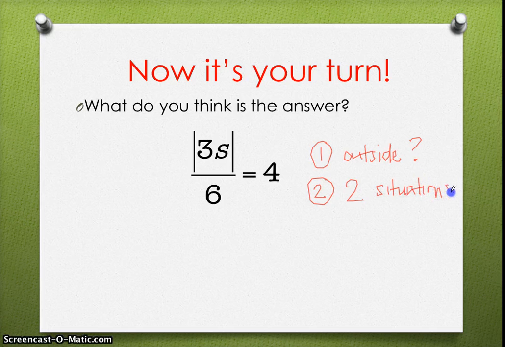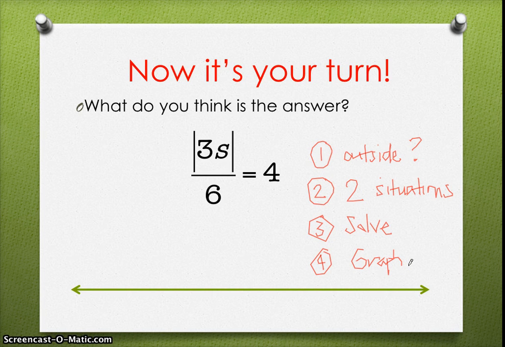Once we identify our two situations, we can then go ahead and solve. Once we solve for our two separate inequalities, we can then go ahead and graph. And we also want to graph it on this number line.